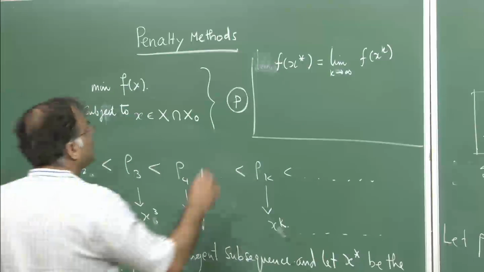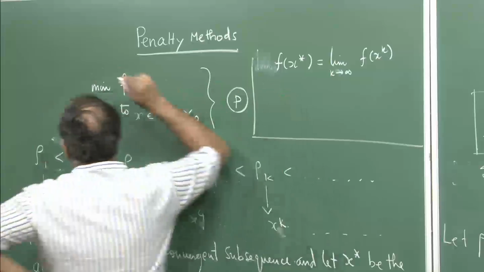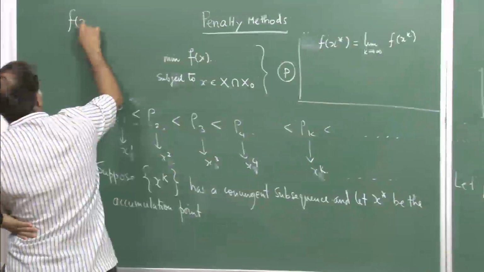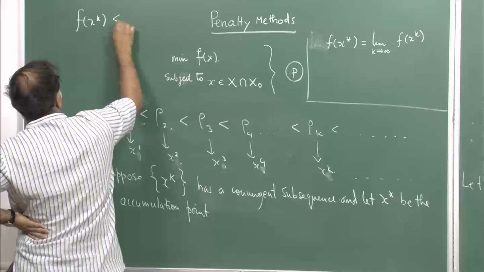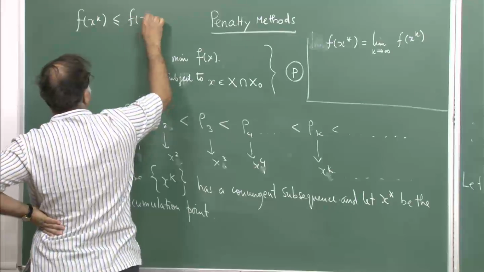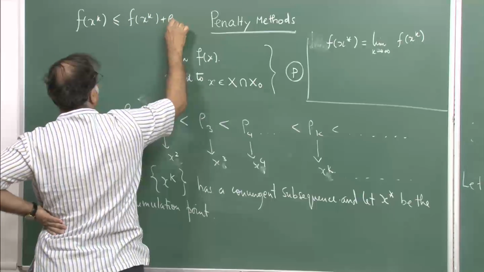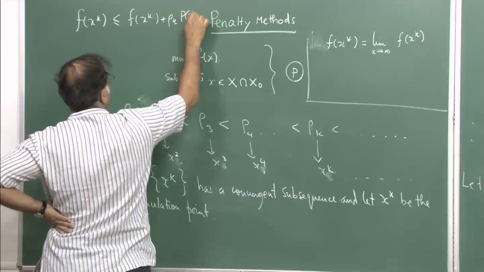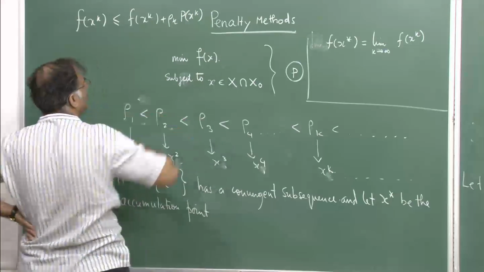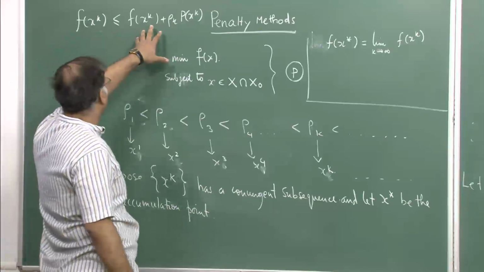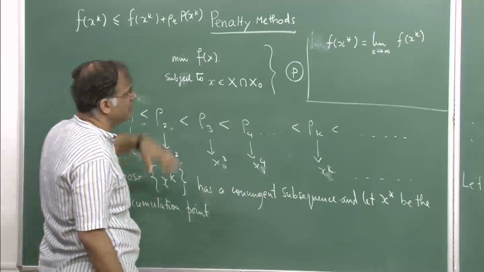Now, I can always write f of x k is less than or equal to f of x k plus rho k p of x k, because p of x k is a non-negative quantity and rho k is a positive quantity. So, if I add a positive quantity to a number, it will increase.